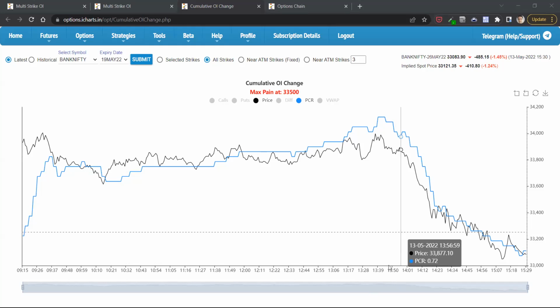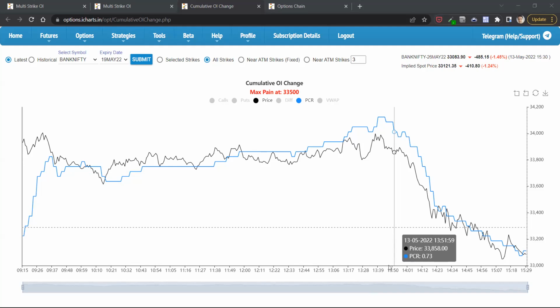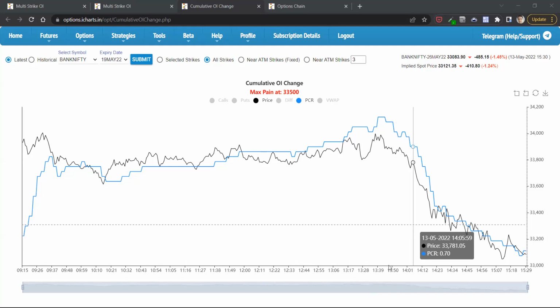The market crashed at around 2 p.m. But here, if I place 34,500 calls, the call writing suddenly increased at around 1:37 p.m. So can I rely upon this out of the money call option indication as well?